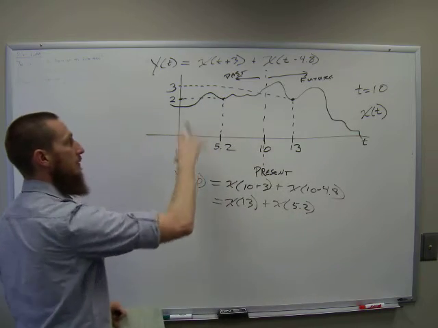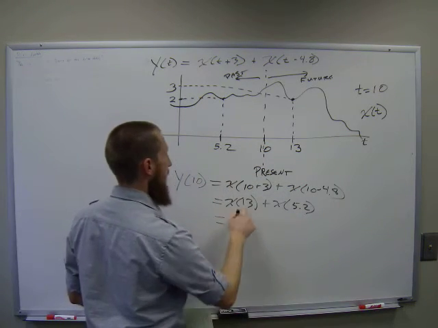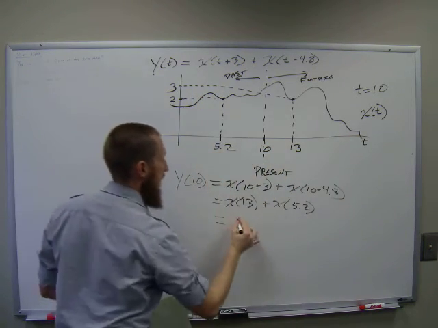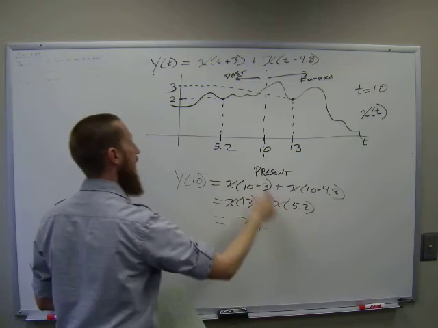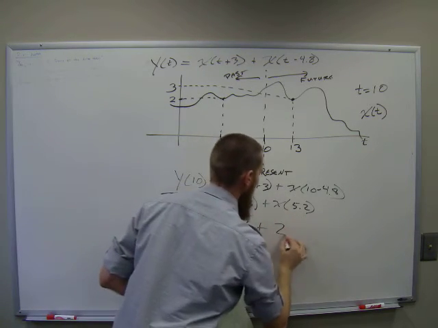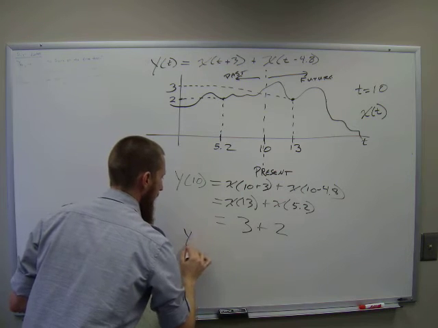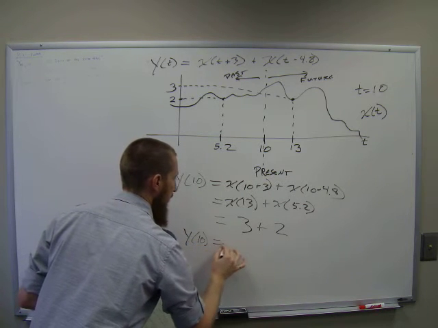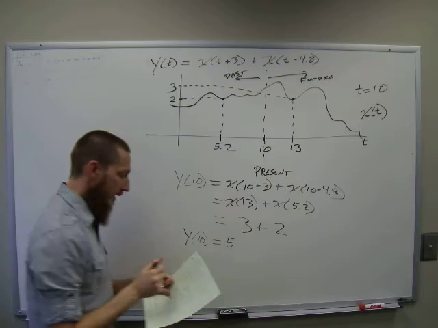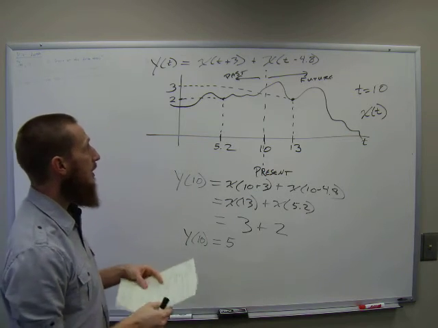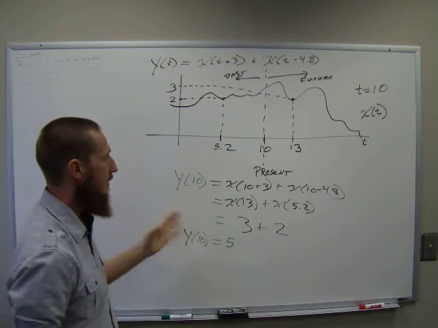We can substitute the values in that we found. So we can say x of 13 is 3 plus x of 5.2 is 2. And so we can say y of 10 is going to be equal to 5. So we can solve this problem out. Given this equation, given all the information we know, we can solve it out.